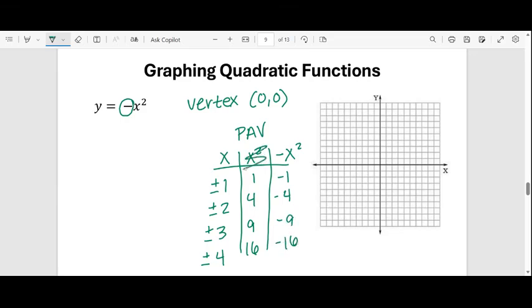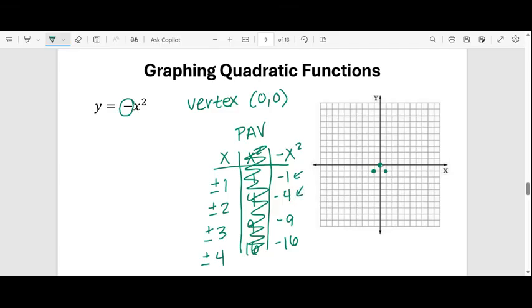So we just made all of our x squareds negative because we're talking about a negative x squared movement as our y value. We'll start at 0, 0, move left and right 1 square. But this time, since it's negative, we're going to move down 1 square. So whenever you have a negative coefficient, your graph is going to open downward. So it's not going to look like a U, it's going to look like an upside down U because we're opening downward.